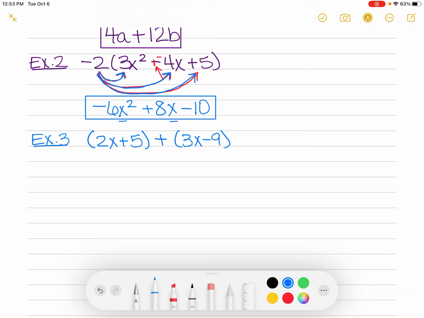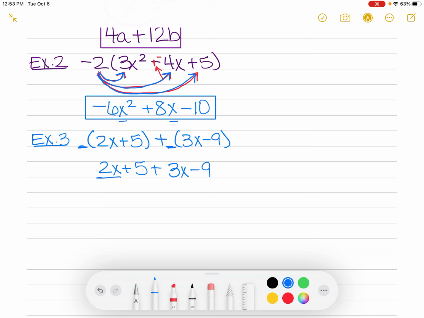In fact, these parentheses really don't mean anything because all we have is pluses and minuses the whole way through. So all I have to do is get rid of the parentheses. Remember, you can only do this because there's nothing in front of them to multiply by.